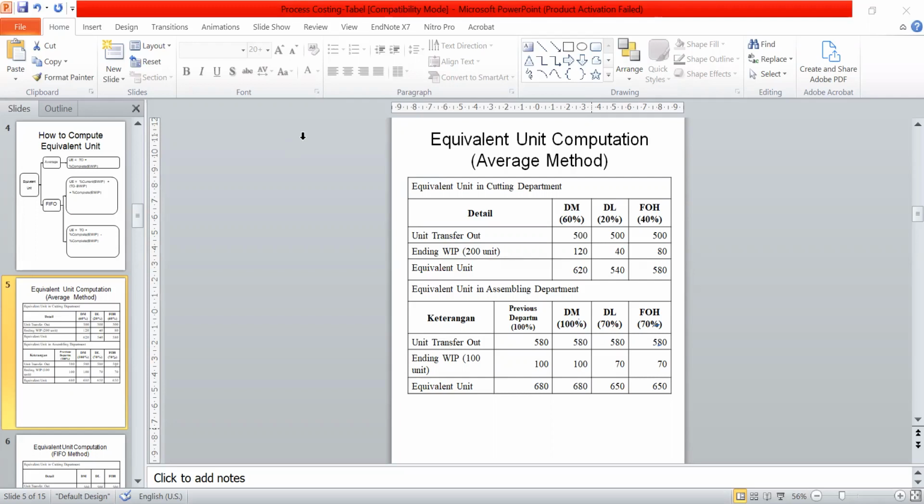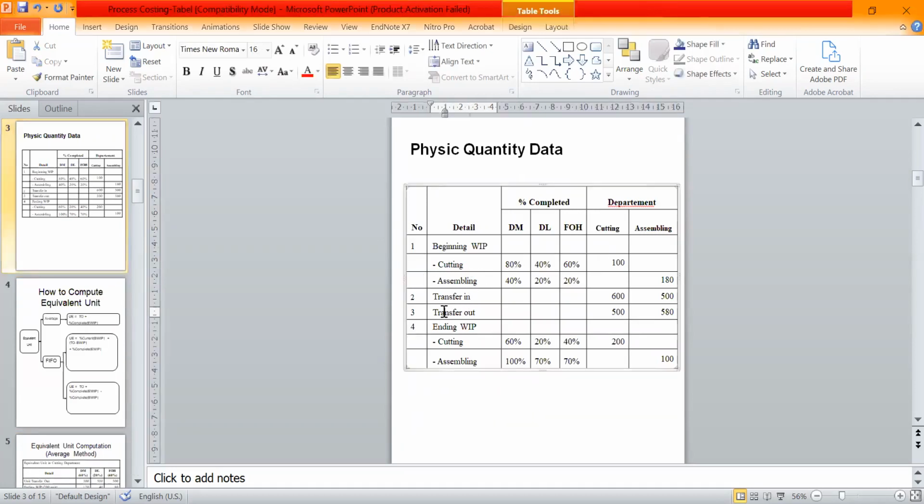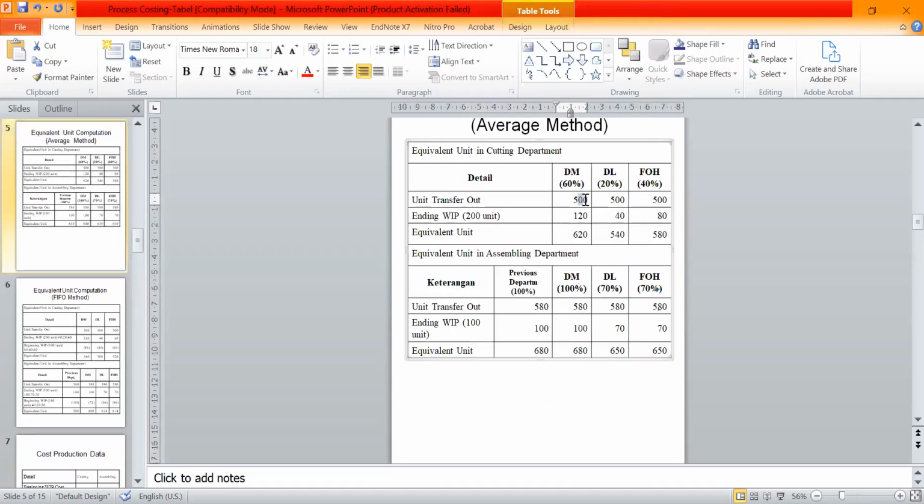We got the unit transfer out of 500 here, based on the information of the data. We first compute for the first department, the cutting department. So just focus on this column. For the transfer out, we got this number as the total of the transfer out.